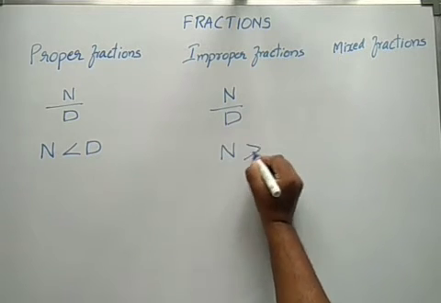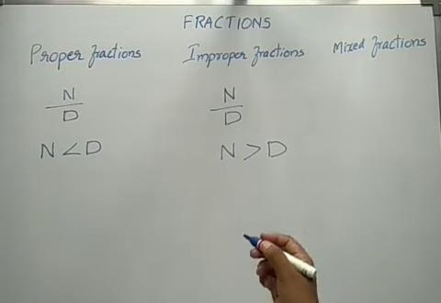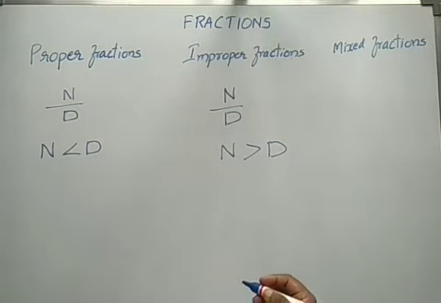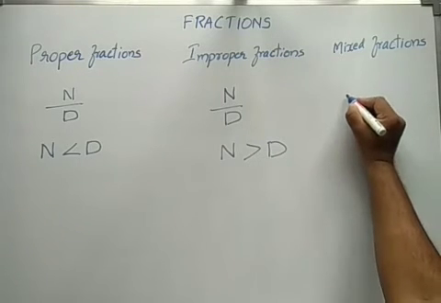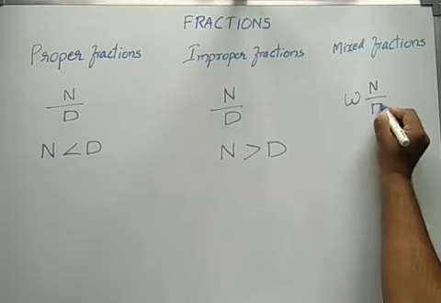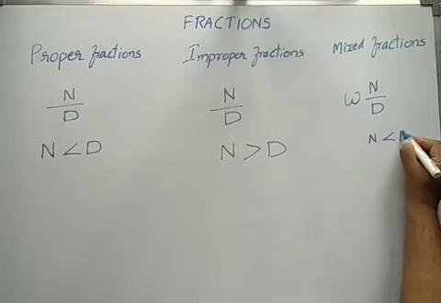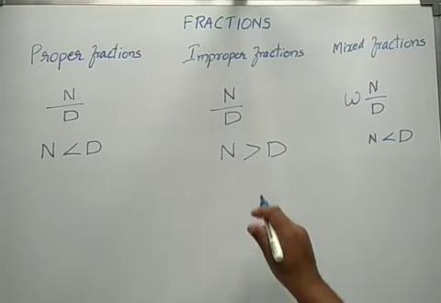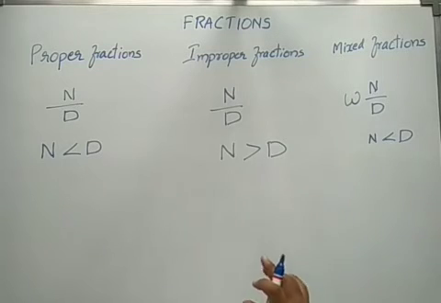If the numerator is greater than the denominator, then we say that is an improper fraction. Mixed fraction means a whole number, numerator and denominator. Here this numerator is less than the denominator. Every improper fraction we can convert into the form of a mixed fraction.